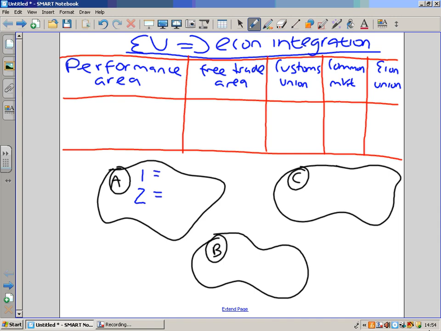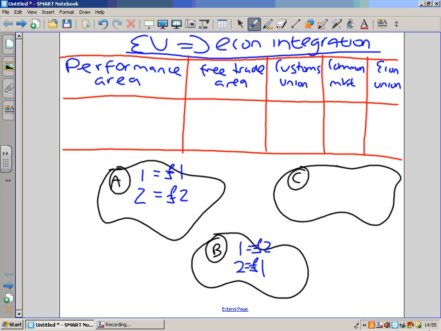Product 1 can be made in country A for £1. Product 2, £2. In country B, same 2 products. Product 1, £2. Product 2, £1. Country C for now we're going to ignore.